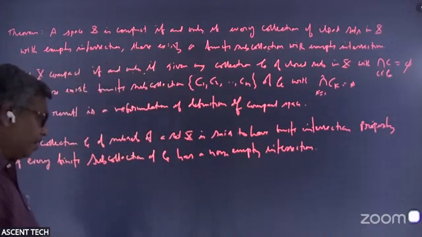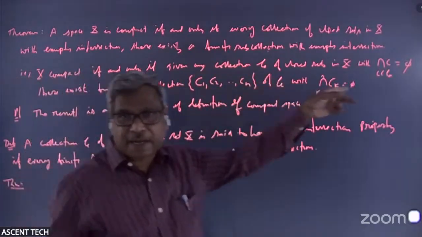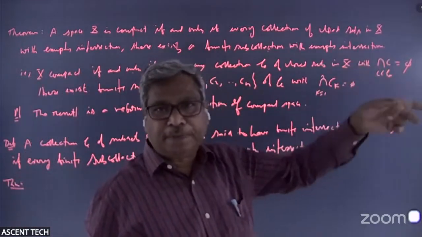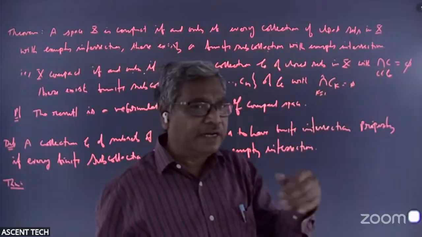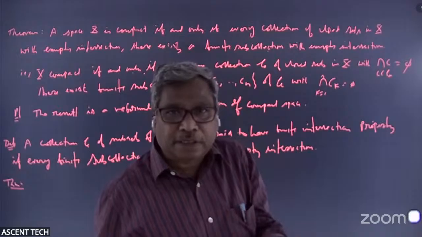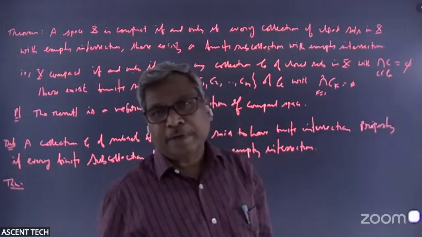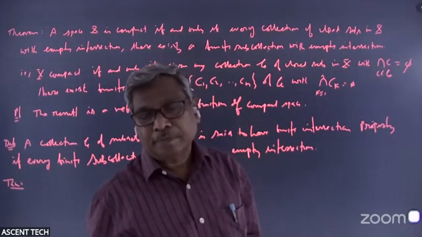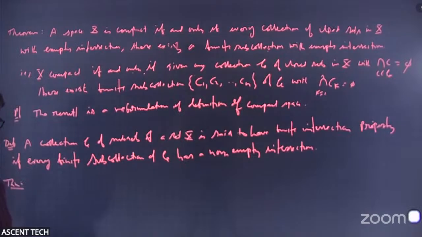Whatever I stated there becomes a very easy theorem for that. What is it saying? If the entire intersection is empty, then a finite subcollection should have empty intersection. If every finite subcollection has non-empty intersection, the entire intersection should be non-empty too. Clear? So what is the theorem?